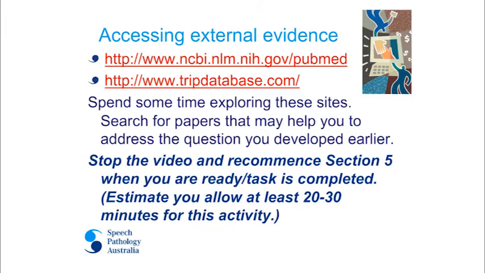Accessing external evidence. You have to find the evidence and then you have to get hold of it, if you're looking for primary sources, that is. When you were at university, accessing the external evidence, finding the external evidence was relatively easy.